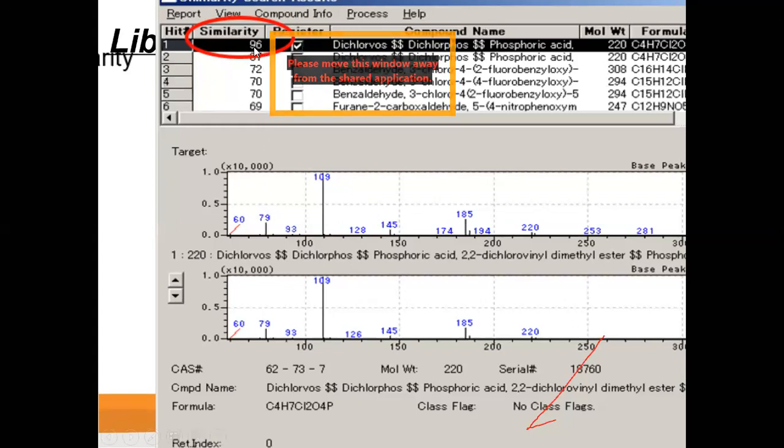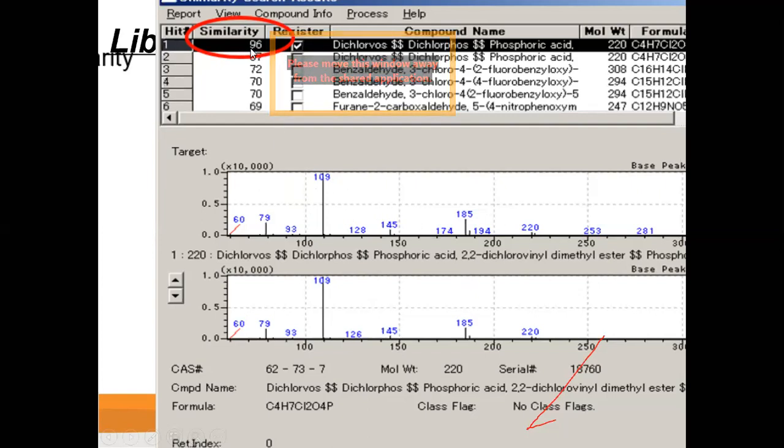The library says that 96% it is matching your pattern, dichlorvos. So what is it doing? It checks that 79 is over here, 79 is over here, 109 is over here, 185 is here, 185 is here. So all three major masses are matching. First thing it has done is that. The next thing it matches is the intensity ratio of these masses.